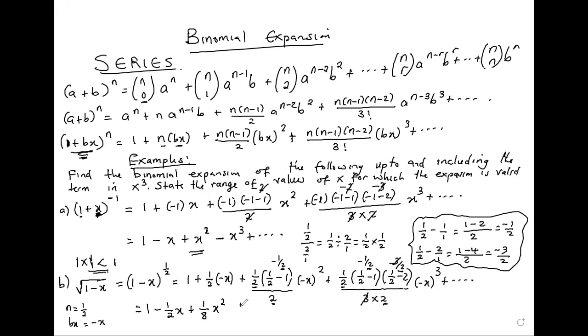So we have 1 over 16, and then negative times negative, we get plus. Then negative x to the power 3, we still have a minus, and then x to the power 3.